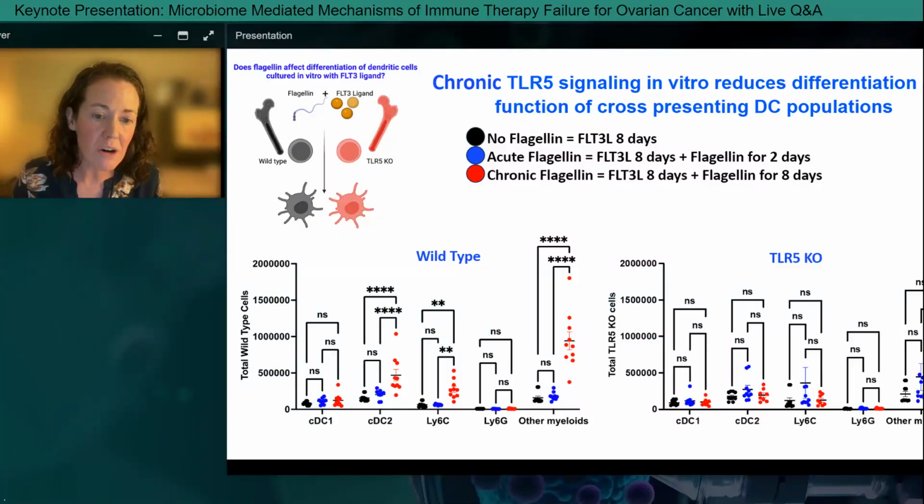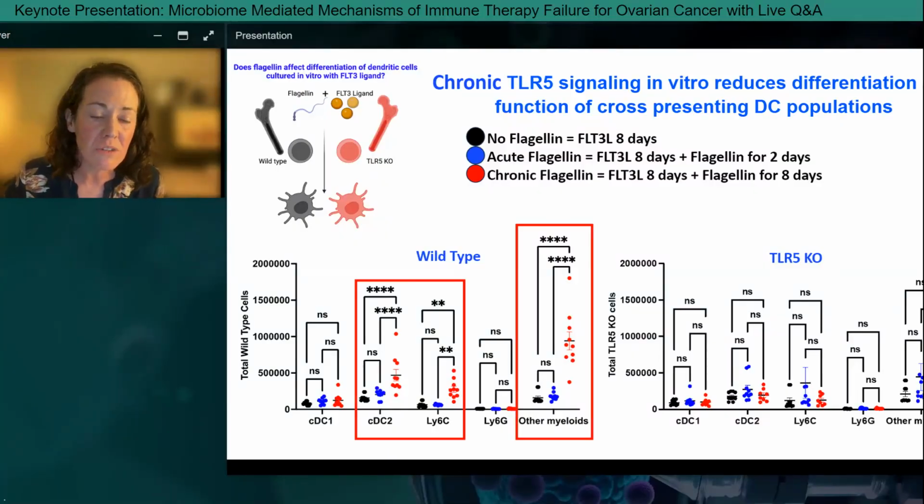However, within the cultures, what we started to observe was an expansion of cells that you don't necessarily want within the ovarian tumor microenvironment. Myeloid-associated dendritic cells, monocytes, which express Ly6C, and other myeloid cells, which are predominantly macrophages. We're not seeing this in the TLR5 knockout, which is expected, and we're not seeing this in the acute flagellin exposure of the wild-type animals.